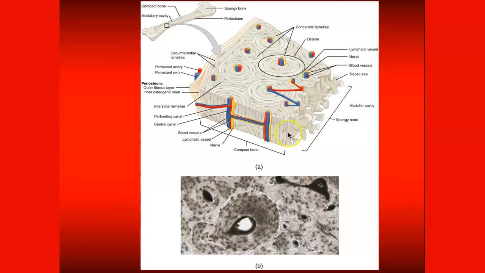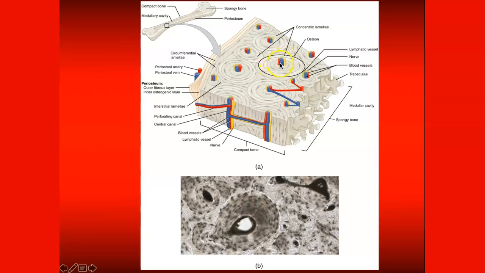So if you look at this picture closely here, we have our central or Haversian canal, and then we have these osteocytes that sit within the lacunae. And the lacunae have these, and you can't see it super great, but there's these tiny branches of canaliculi that connect one lamella to the next, and then to the next, all the way to the central canal.